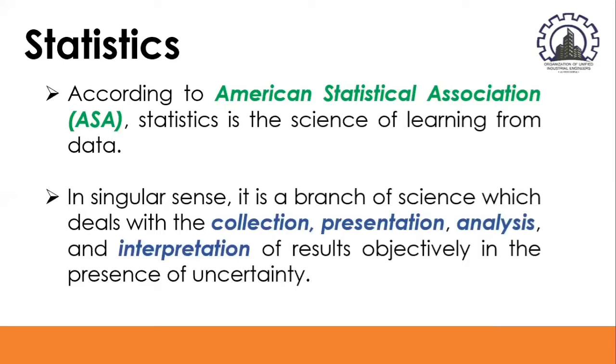Examples are vital statistics in a beauty pageant, annual or yearly income, and monthly household expenses. All right, these are just a few examples of the first definition of statistics, which is a set of numerical data or observations.